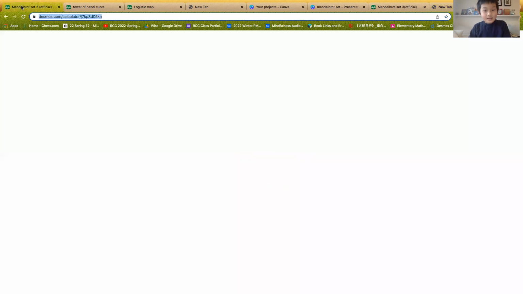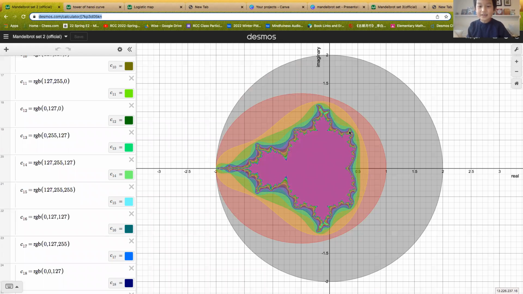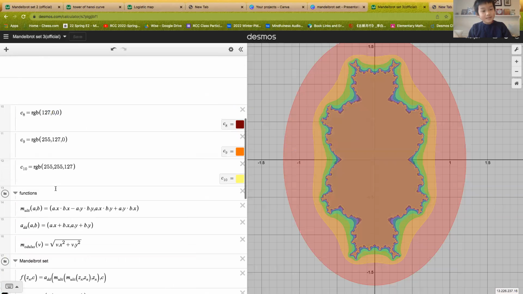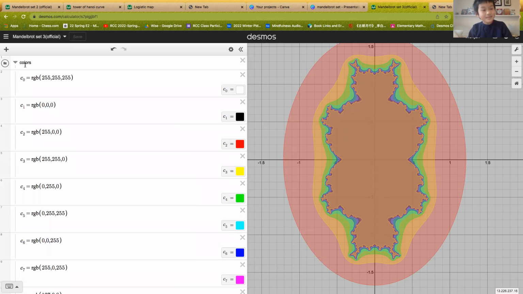Like here I have the first 20 iterations of the Mandelbrot set 2 and the first 10 iterations of the Mandelbrot set 3.